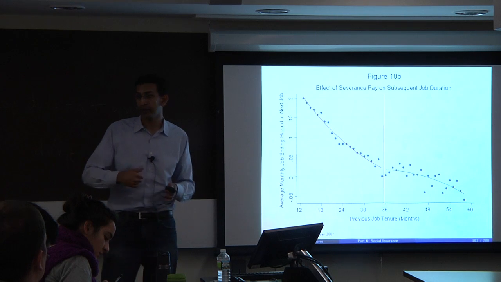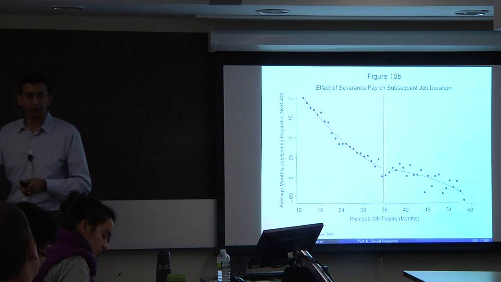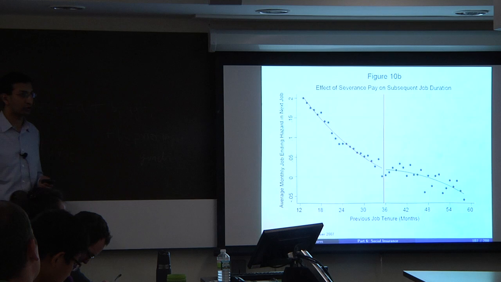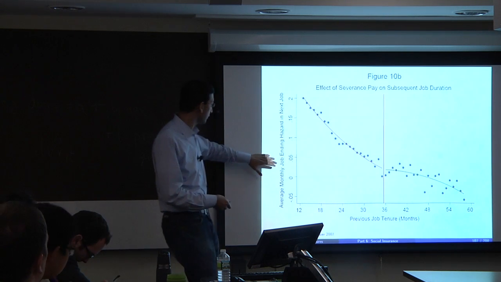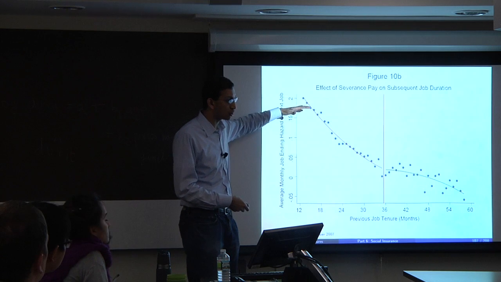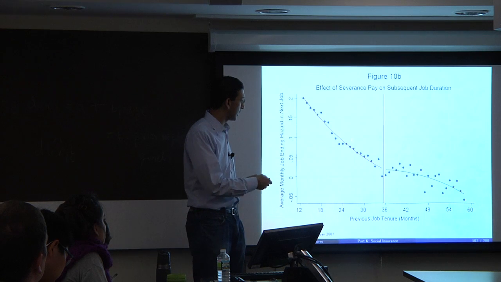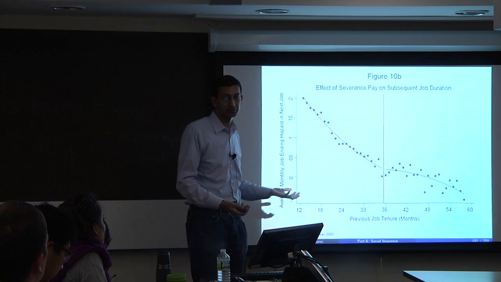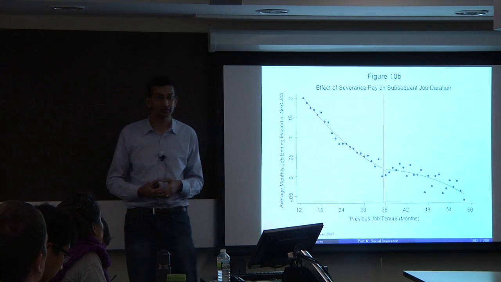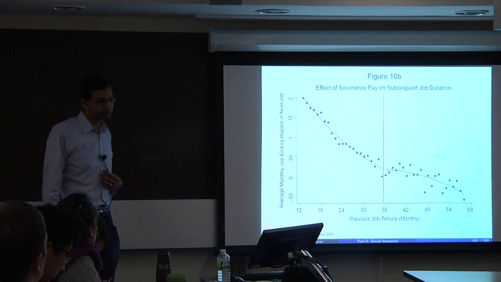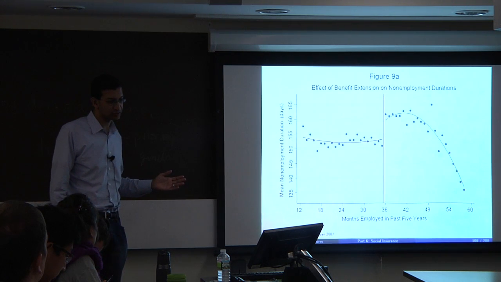If you found a job that you really like that's close to your house or whatever, you would expect that you'd stay at that job for a longer period of time. So plot the hazard of exiting the next job, the duration of the next job, around the same discontinuity. And again, it's totally smooth. There's no evidence of increased duration of match ex post for the guys who get the severance pay versus the guys who don't.